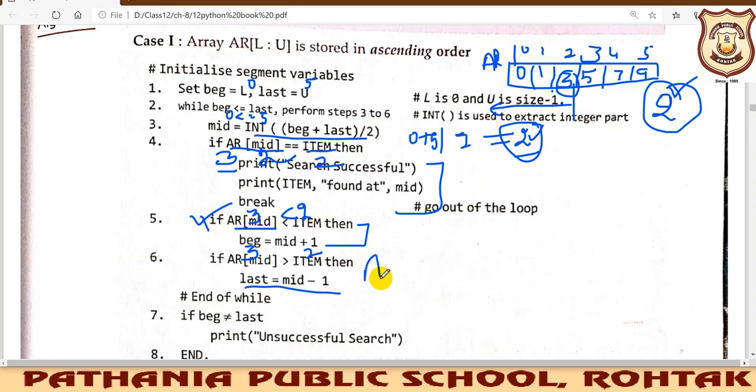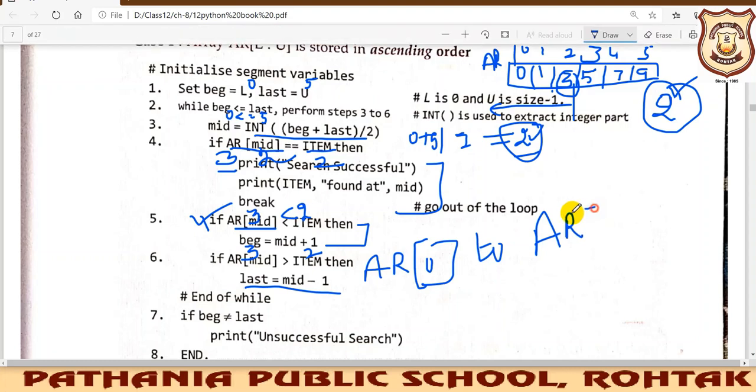So that means I need to search between AR0 to AR1. We can see AR0 is 0 and AR1 is 1, so I am not able to find it.